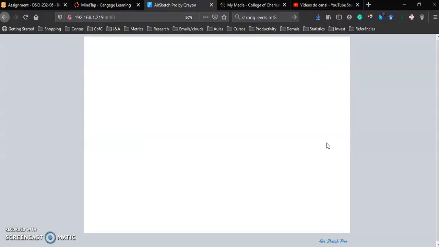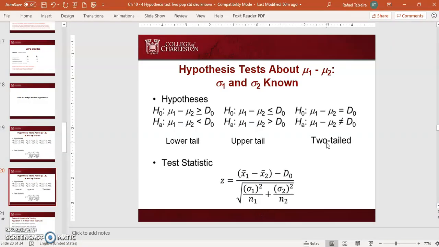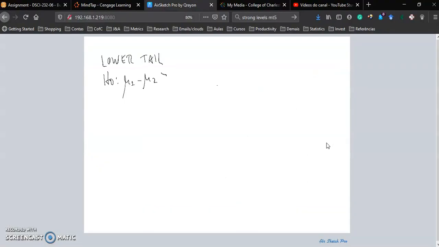So remember, let me draw. I have the lower tail case. I have that mu1, the difference between the means, is higher or equal than 0, and the alternative is that the difference is smaller than 0.